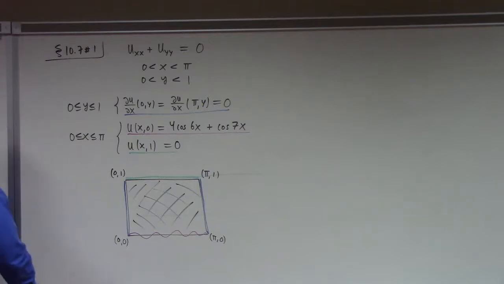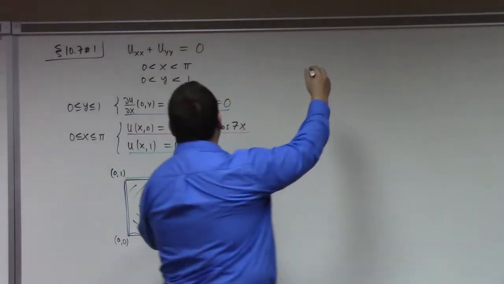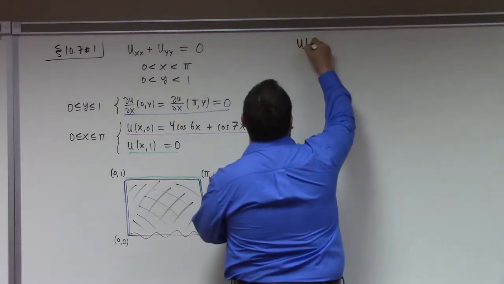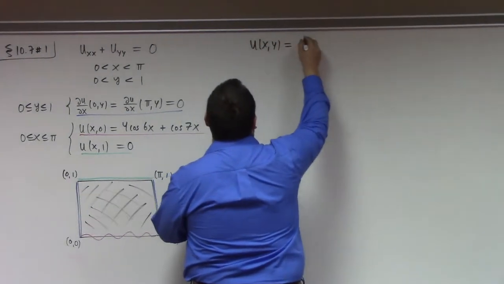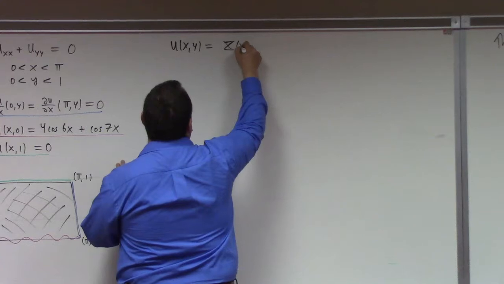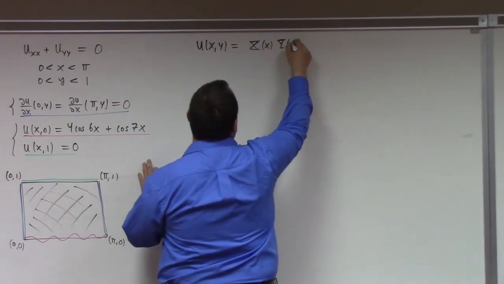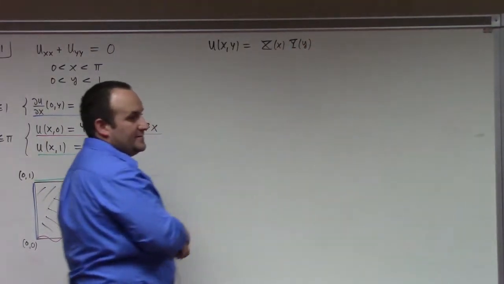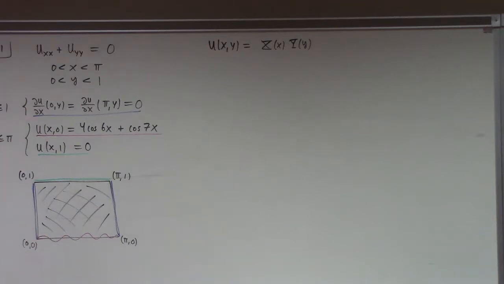Okay, so let's do it. What we do is we let u of x, y equal X of x times Y of y. Now, you'd be like, whoa, what's the initial condition here?